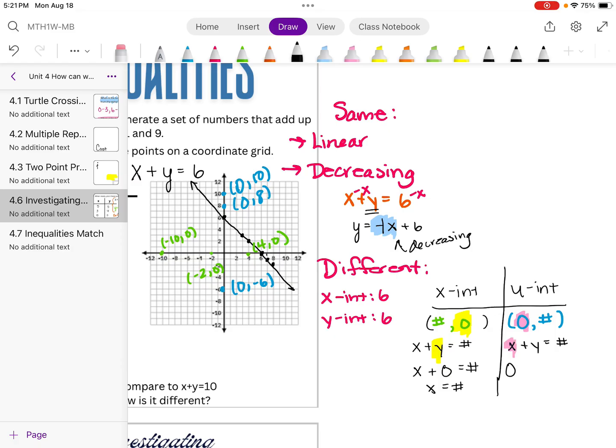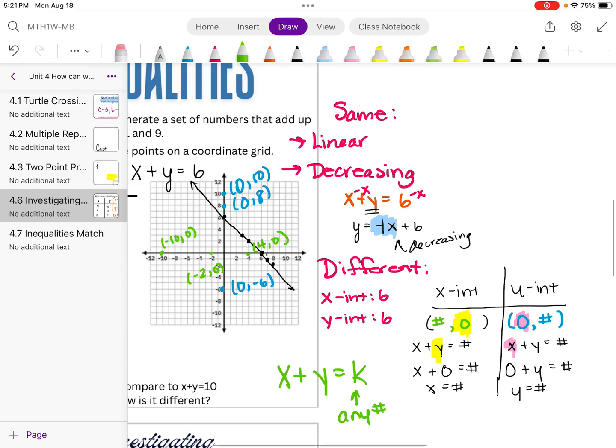So I end up with 0 plus y equals a number, and y equals that number. So anytime I have an equation in the form of x plus y equals, and I'm just going to say k, where k is any number, my x and my y-intercepts are going to be that k value.